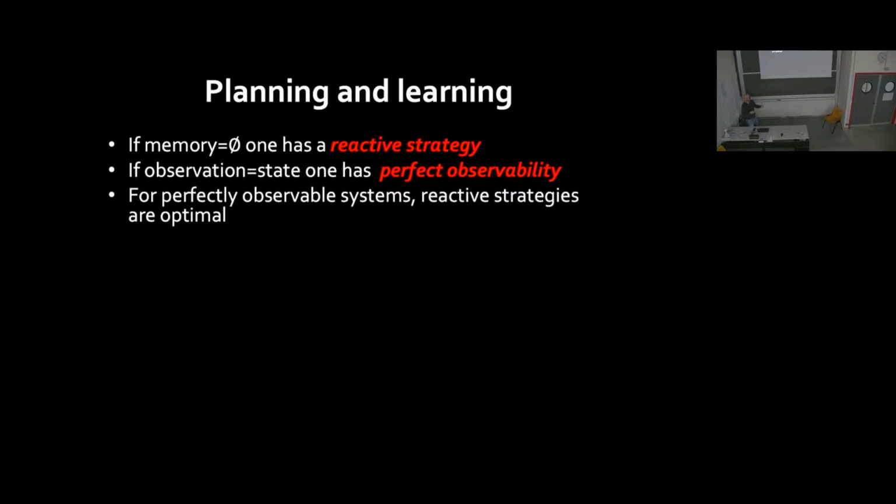If you observe the state, the Markov property means that that knowledge is enough to predict in probability what will happen in the future. So you don't need memory if you're perfectly observable. But since you're almost never perfectly observable, you typically need memory. And in most tasks, if the observability is very low, you will need a large memory to account for that.